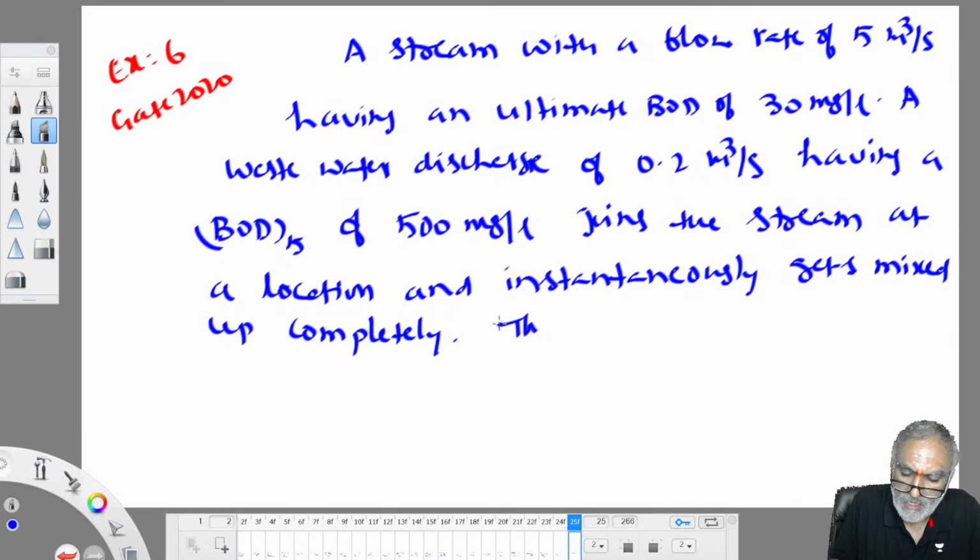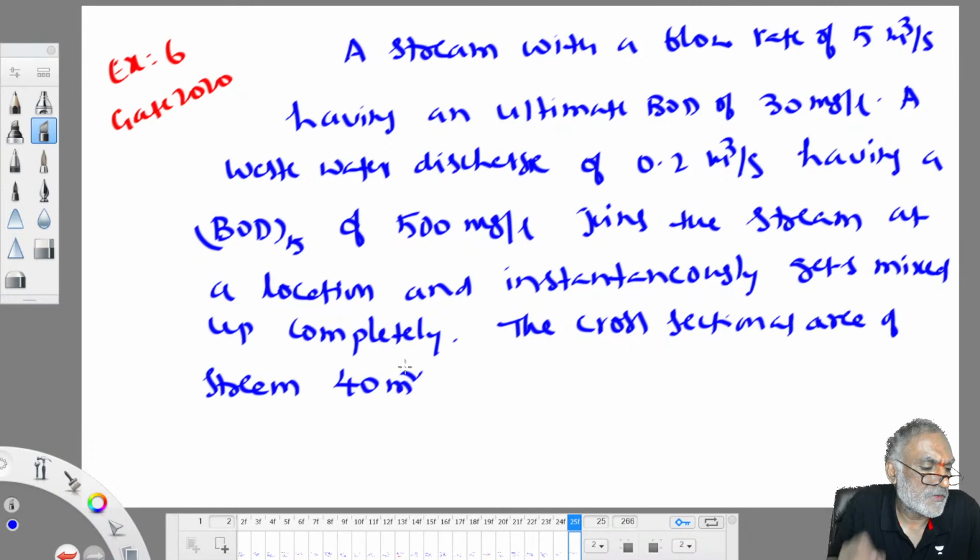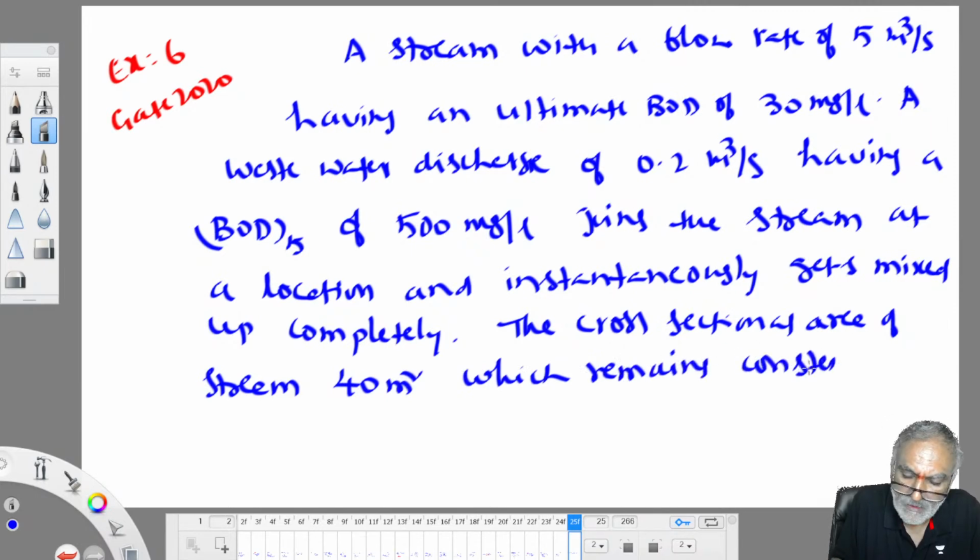The cross-sectional area of the stream is 40 square meter. Why it is given, you know, which remains constant throughout its length. Anywhere it is 40 only.